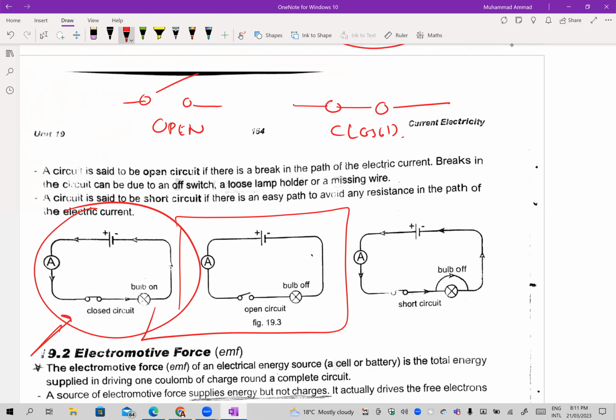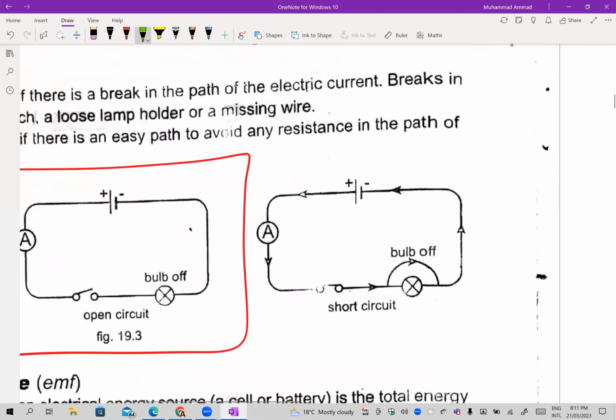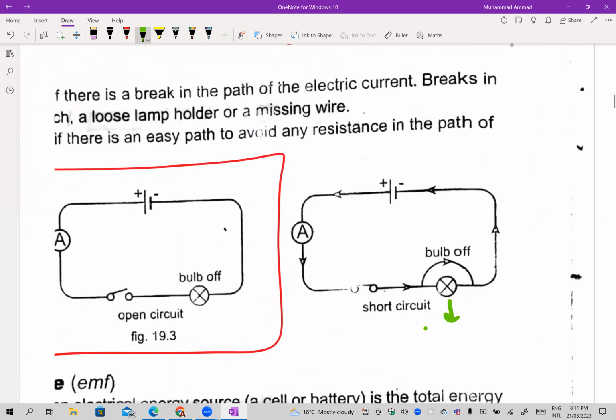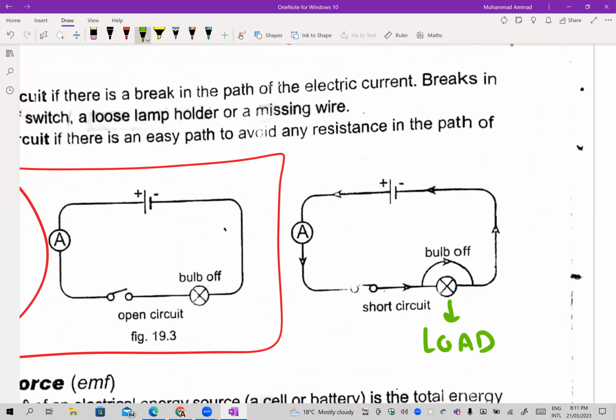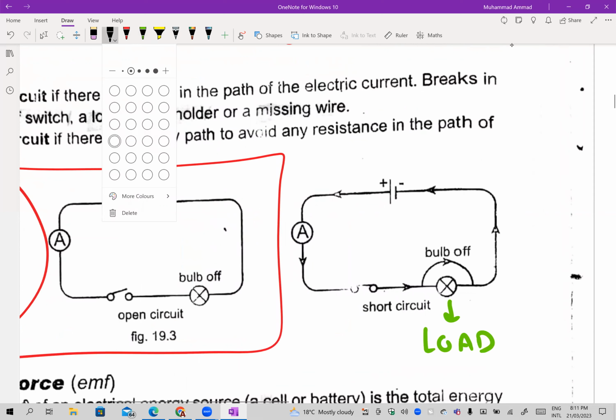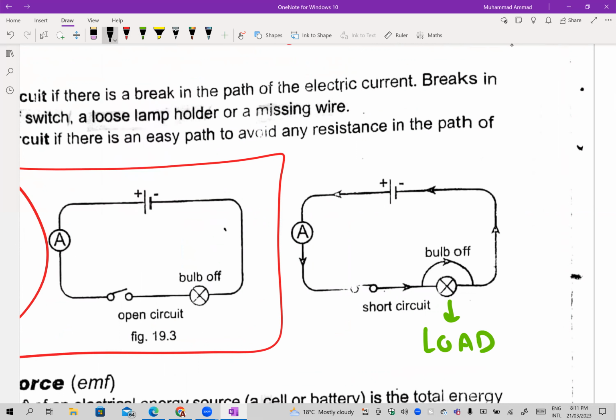And the last one is a short circuit. Why? Because look at the current channel. Now this was the load, yeah? This was your load, but the current is just not going to that load. What's happening here is that the current is sort of bypassing your load.